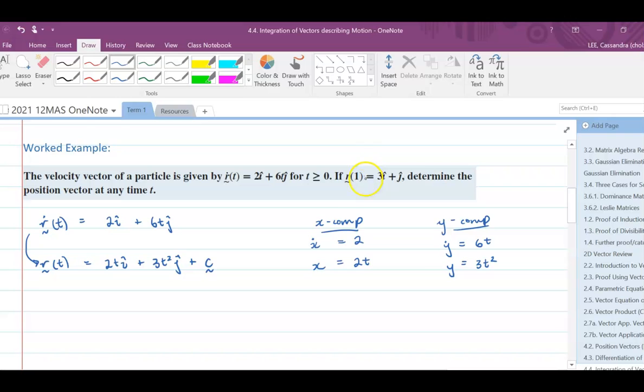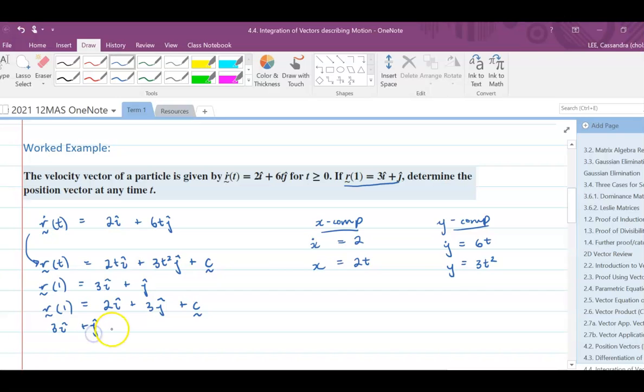So looking at the question here, they give us some additional information. They tell us that when t is equal to 1, the displacement or position vector is equal to 3i plus j. So substituting into my formula here, I have r 1 is equal to 2i plus 3j plus my constant. So now all I need to do is substitute and rearrange.